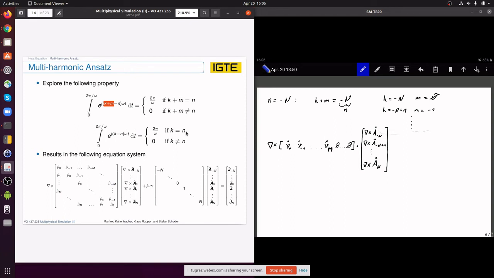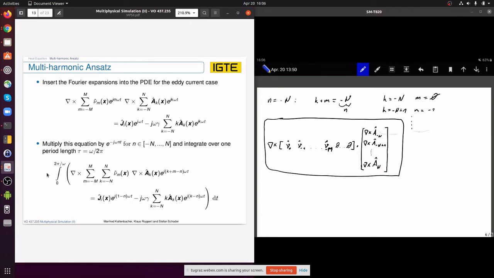Since k is n, it's not a big deal. It's a diagonal matrix. So this here is the first row of our matrix, well, the first portion. So curl nu, this should be a minus m, sorry, multiplying with the vector of the curl of the A harmonics, and then we exactly reproduce this formula for every n.